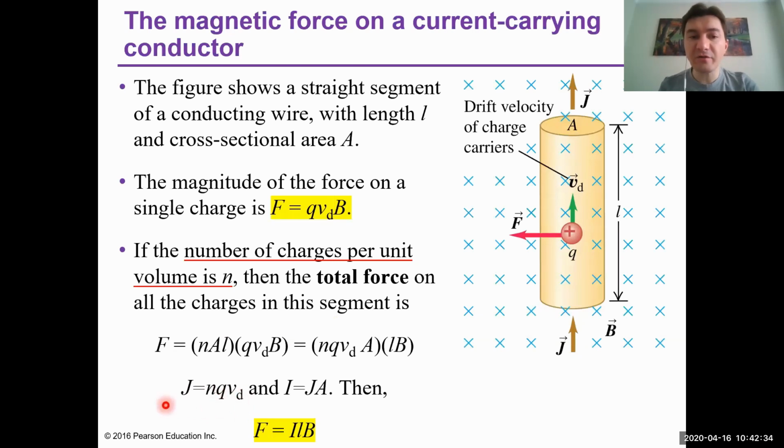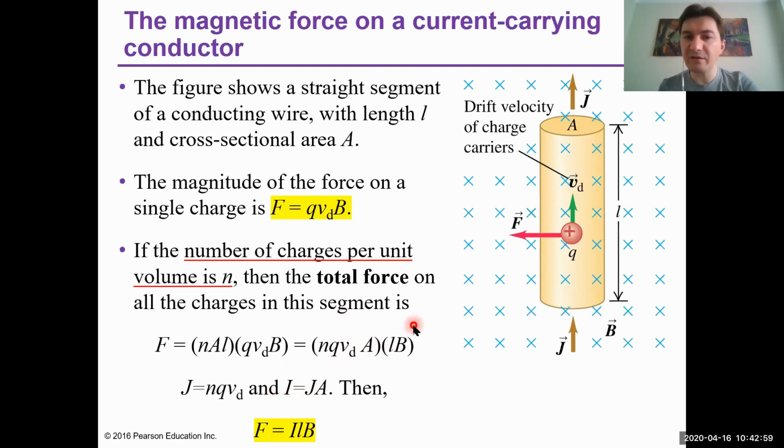We also know that the current within that conductor is given by current density times area. So put that equation here instead of this term, then we will have J here, and J times area will give us the current.